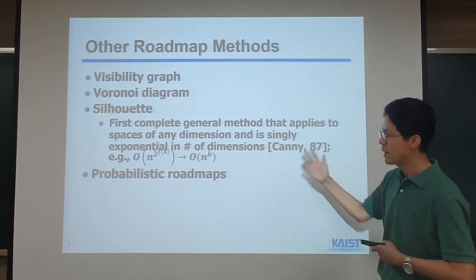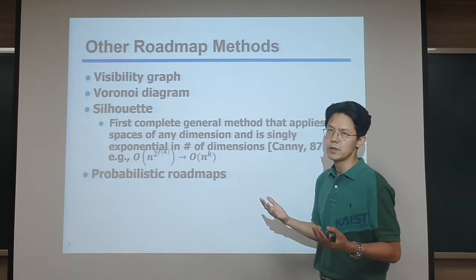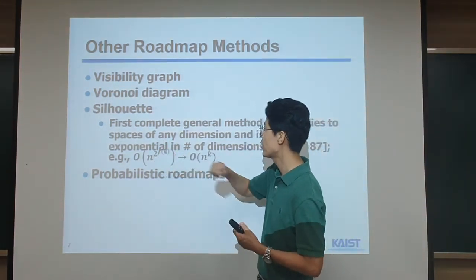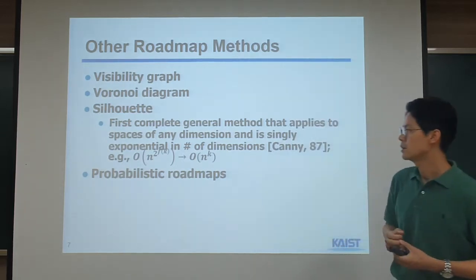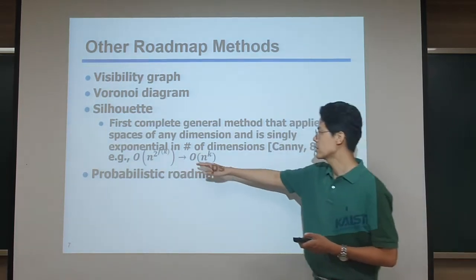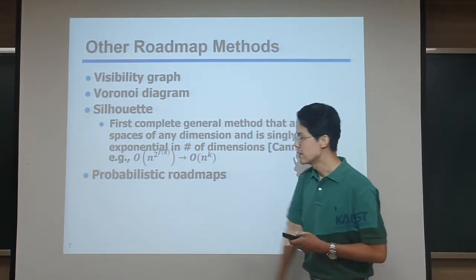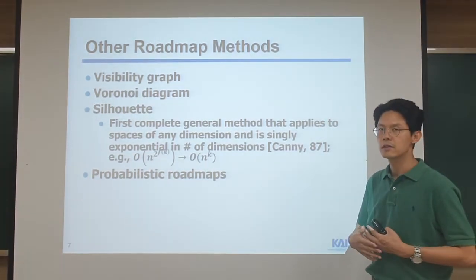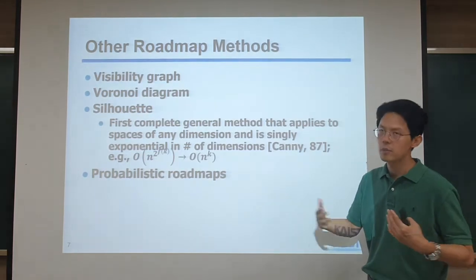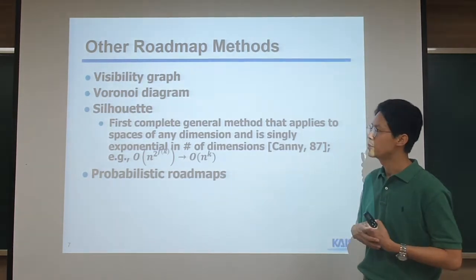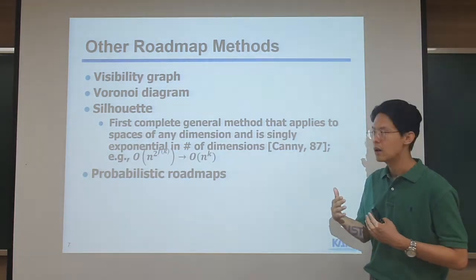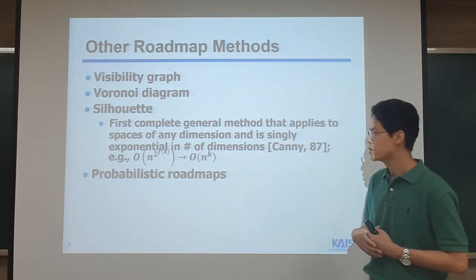Back then there was a complete motion planning technique, but its time complexity was double exponential as a function of the number of dimensions, n. As you can see, as we get higher dimensions, in other words a more complicated robot, it requires a double exponential slowing down of the motion planning algorithm.